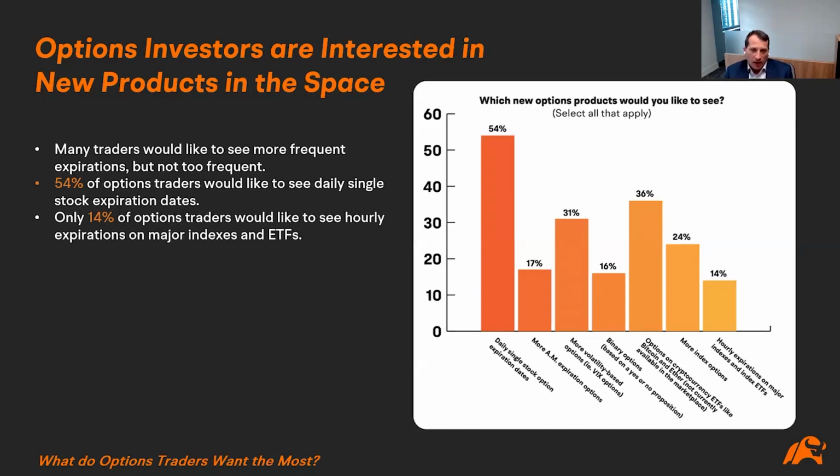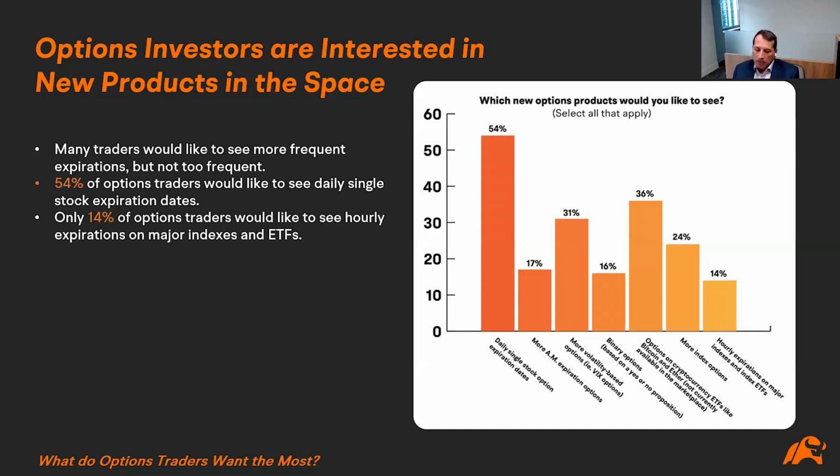I would note you want to meet demand, but at the same time you want to proceed smartly and not introduce risk, right? With single stock, you have questions around settlements and moves after the close and things like that.